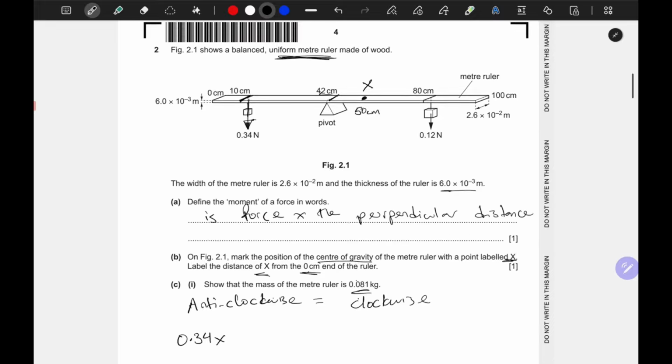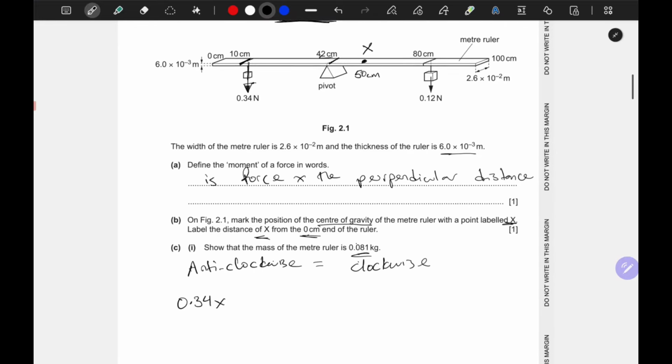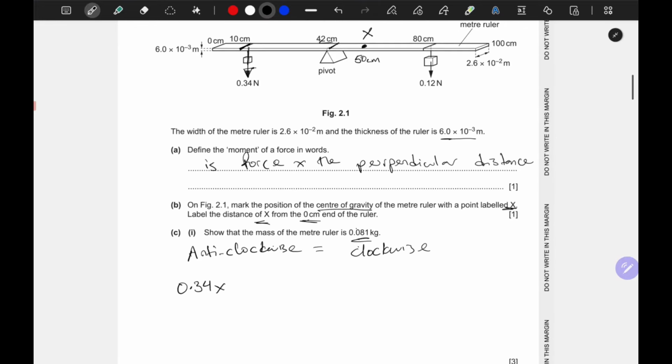Since it's centimeters, we should use meters, but we're using centimeters throughout, so it's going to be okay. Times 32. This is supposed to be equal to the whole of the clockwise moment.